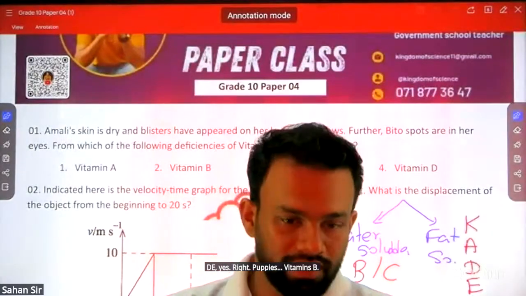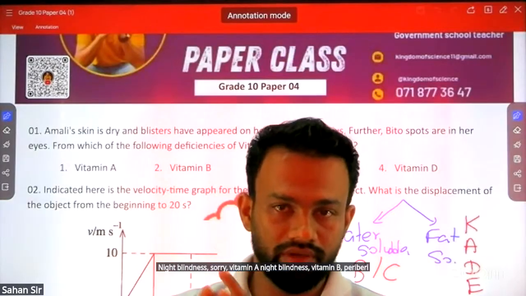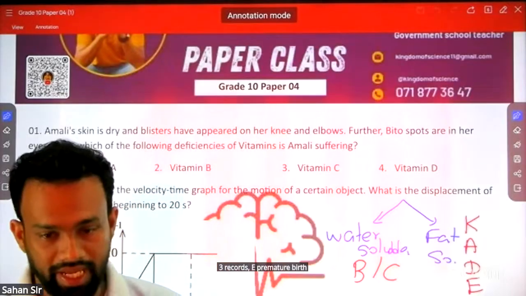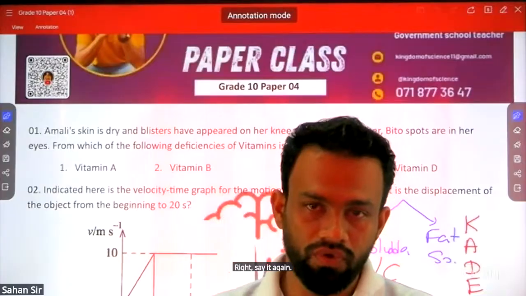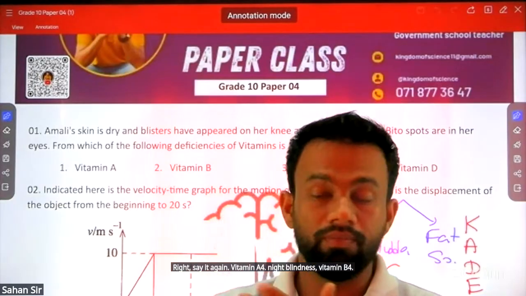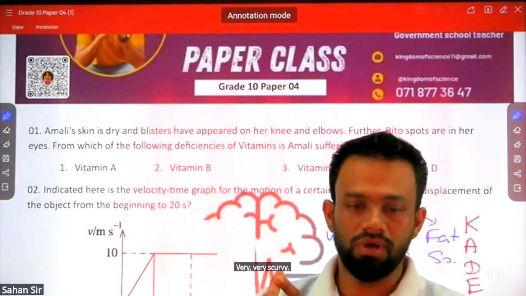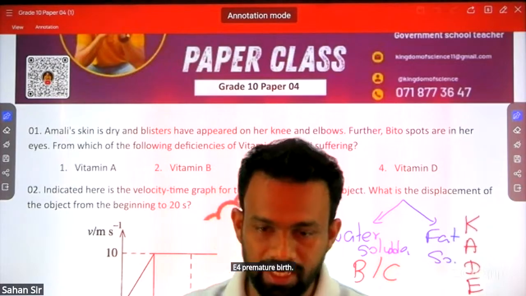Vitamin A, night blindness; vitamin B, beriberi; C, scurvy; D, rickets; E, premature birth; K, delay in blood clotting. Right, say it again. Vitamin A, night blindness; vitamin B, beriberi; C, scurvy; D, rickets; E, premature birth; K, delay in blood clotting.